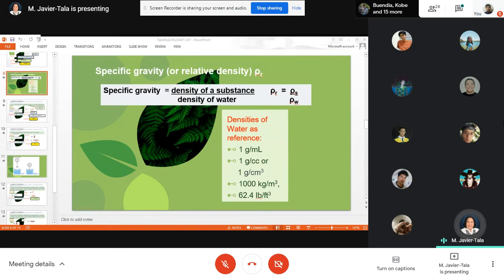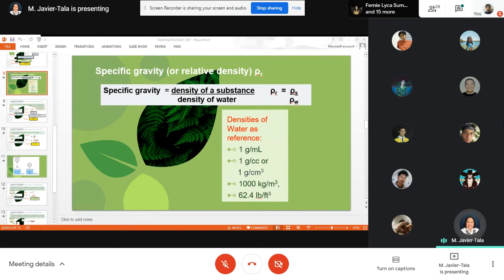Like density, it is a derived quantity because it is a ratio between the density of your substance and the density of your reference. If your samples are liquids or solids, your reference is commonly water.